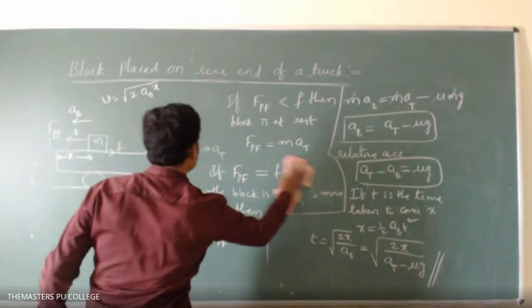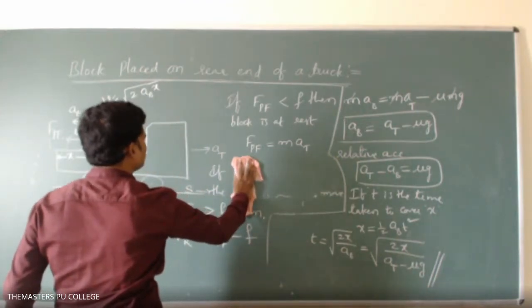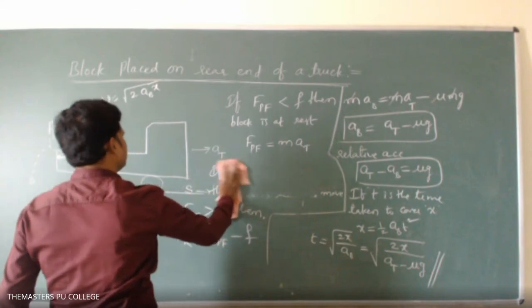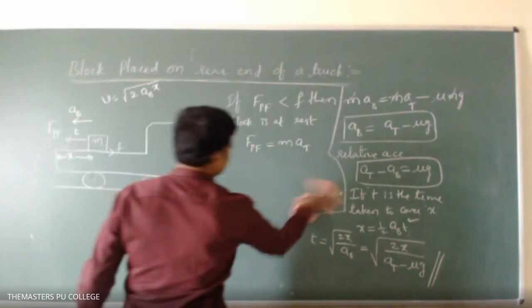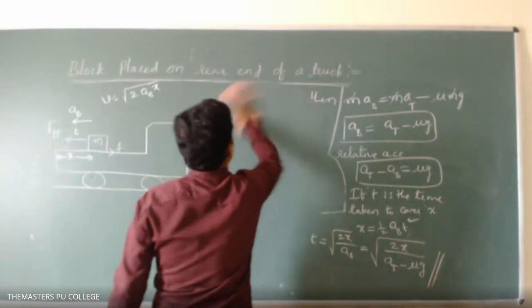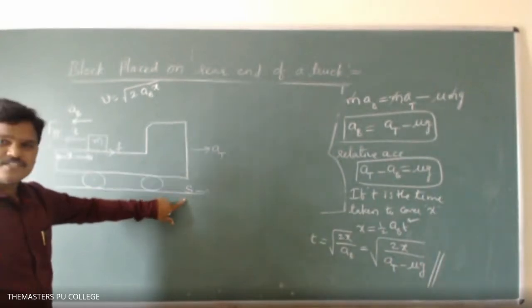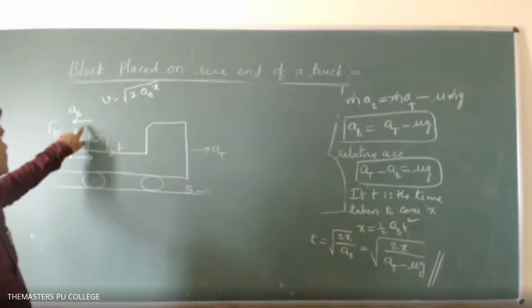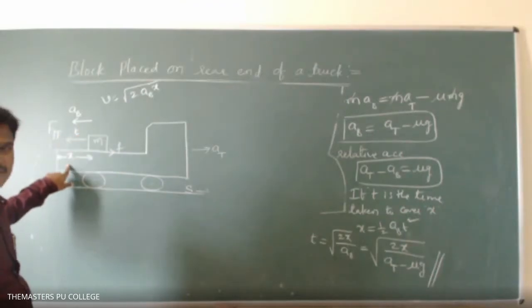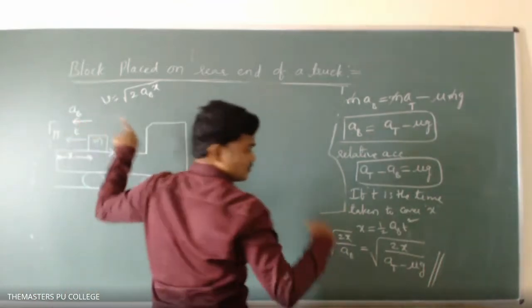Is it completed, everyone? Shall I repeat? See, the truck covers a distance of s with an acceleration AT. The block covers a distance of x with an acceleration AB. Now let us use s is equal to ut plus half at squared.